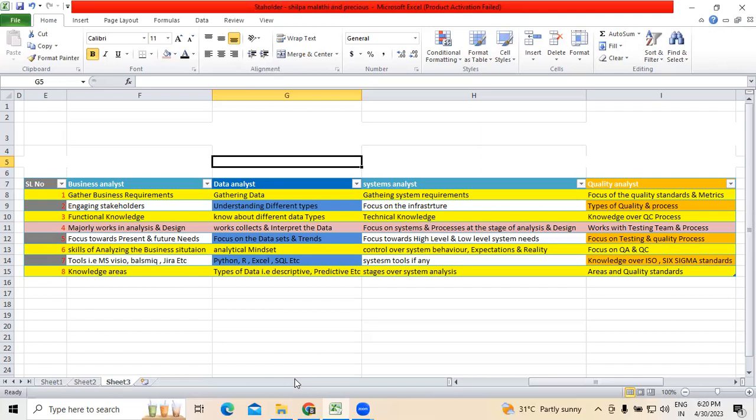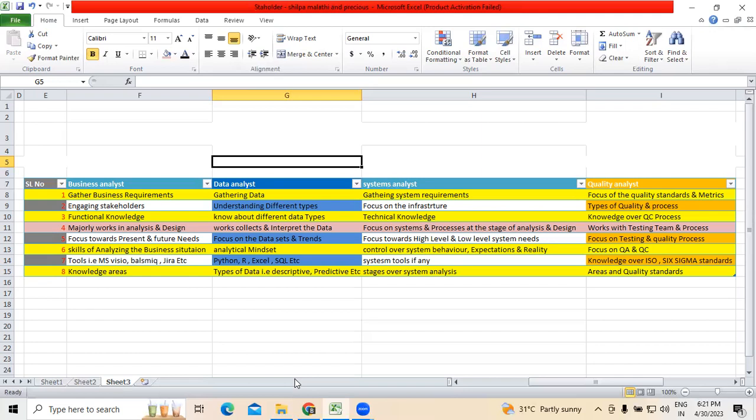Business systems analyst means business knowledge should be there, and at the same time, they should have knowledge of the systems. Systems here means not a physical system. I'm talking about infrastructure. It could be user interfaces, or an application, a programming language, or a database, whatever it is. Both hardware and software, in simple understanding.